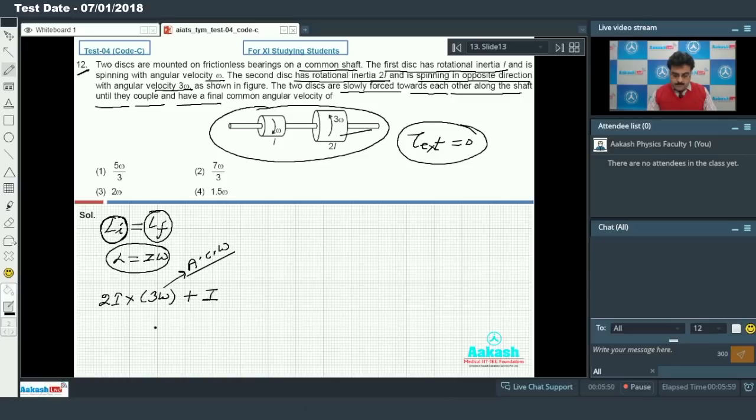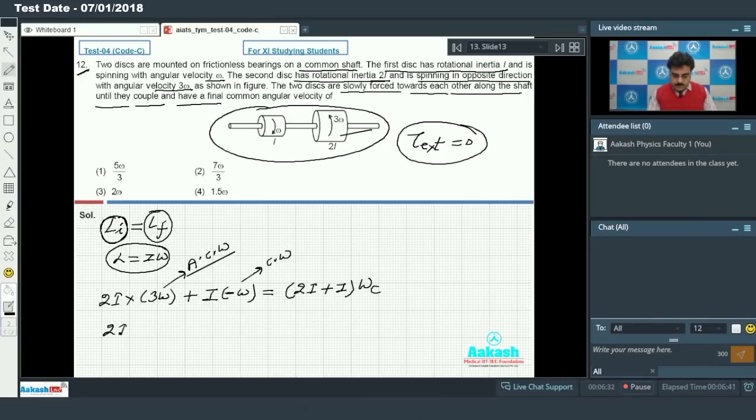For the first disc the moment of inertia is I and angular velocity is omega, but this time the direction is clockwise, so we'll use a minus sign here. Now I am going to take the total final angular momentum. The total inertia is 2I plus I, into omega c, where omega c is the common angular velocity. Now I am going to solve this.